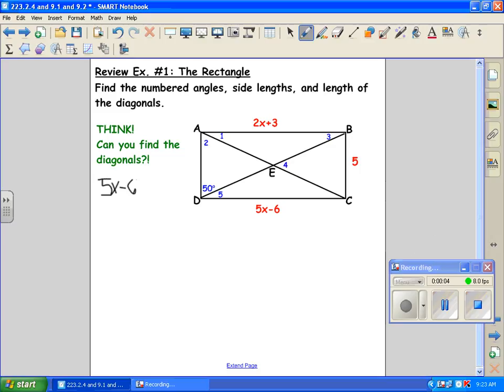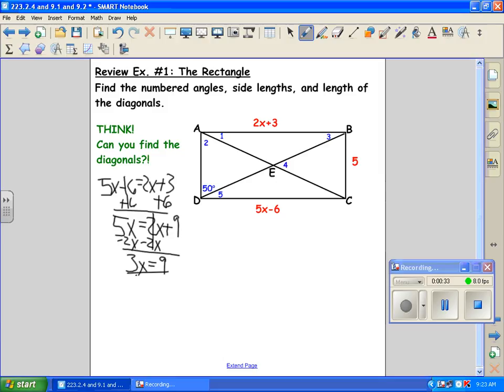All right, we started with the side lengths and we did 2x plus 3, plus 5x minus 6. And then when you did the algebra out, we're doing the algebra right now, so we're going to come out with x equals 3.